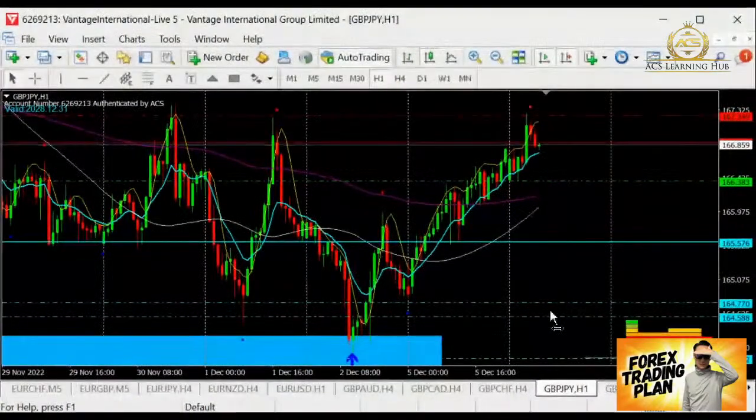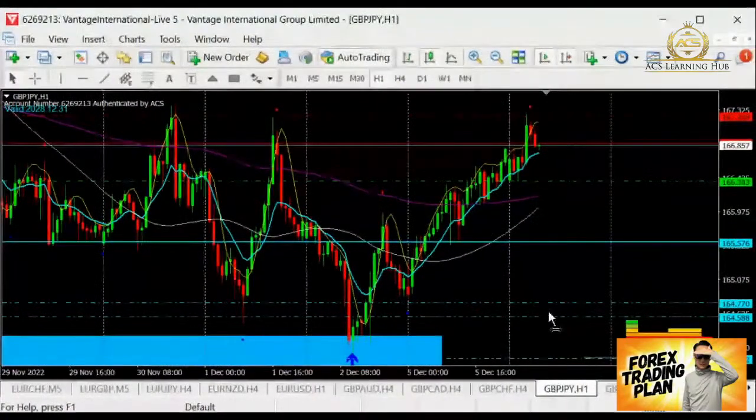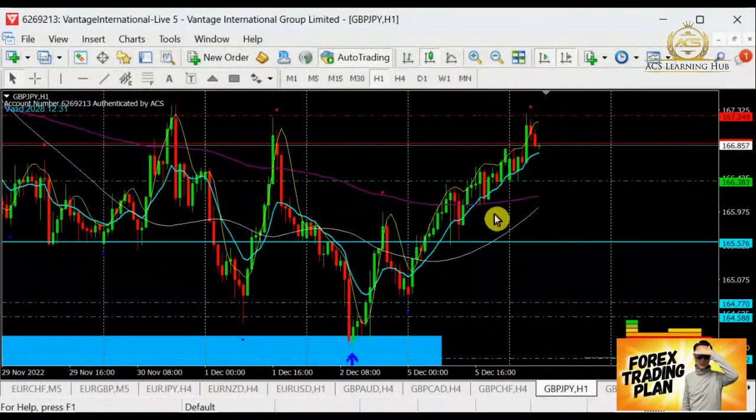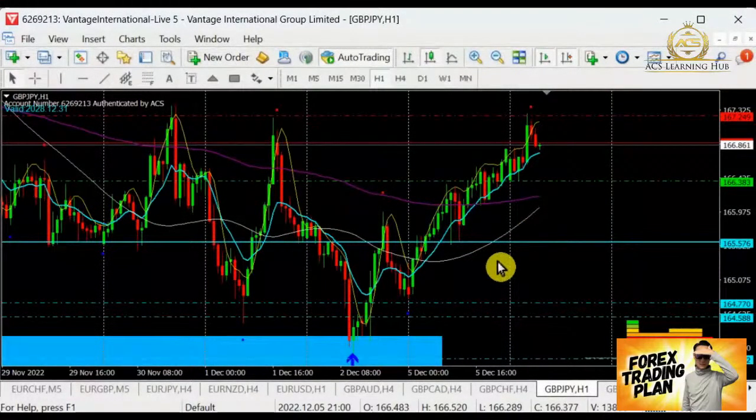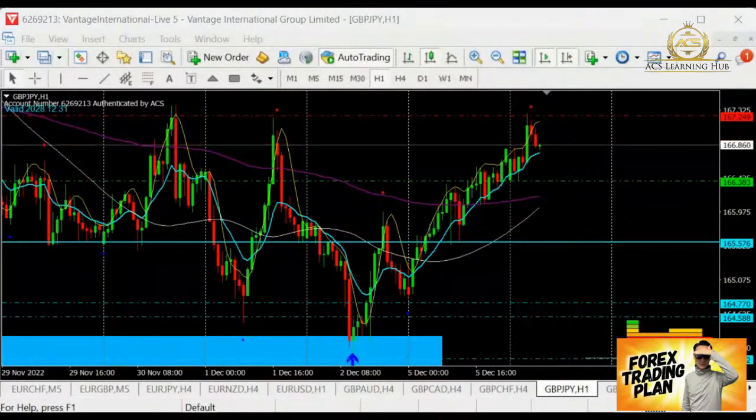So for Pound Yen, let's see if there's a chance for selling down. If not, then we have to wait for it to test on the resistance, then we start. Probably we can take a look later on into this selling area, to see if this selling takes an opportunity or is looking out for support, then we will go for our selling. So Pound Yen, I'm going to watch this.